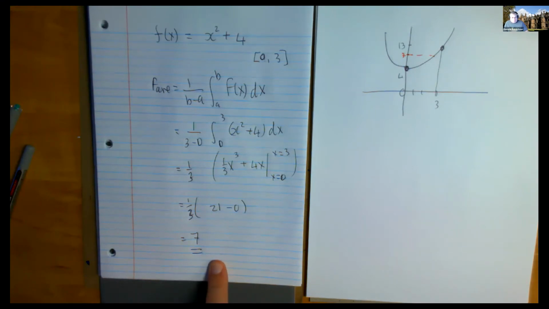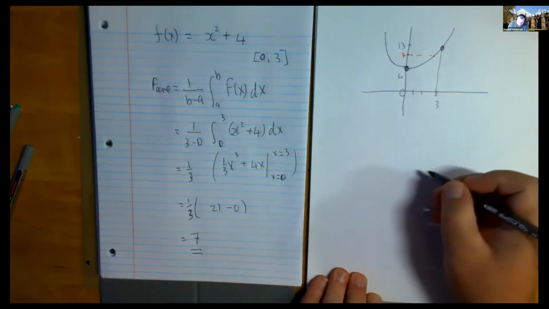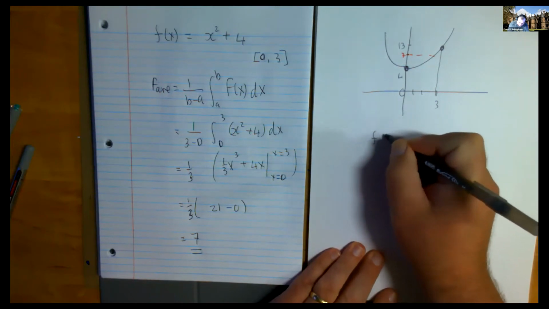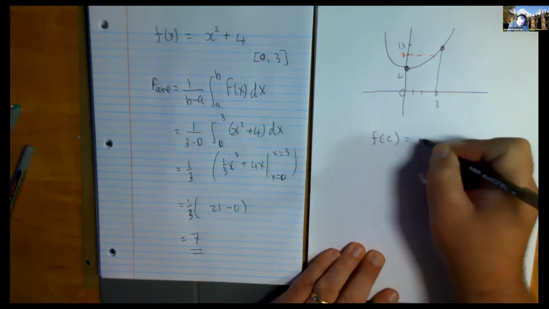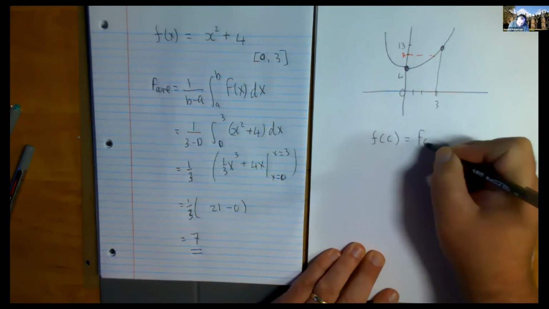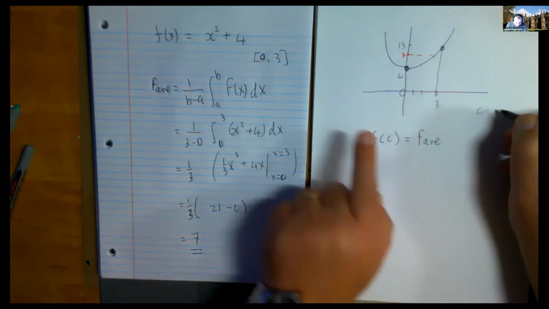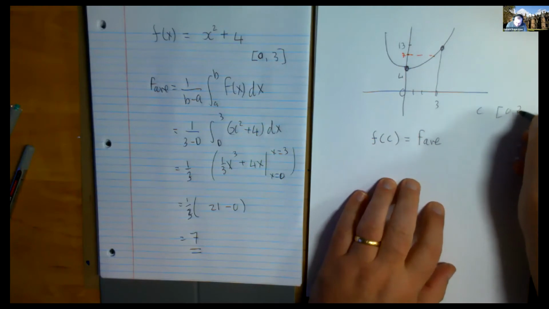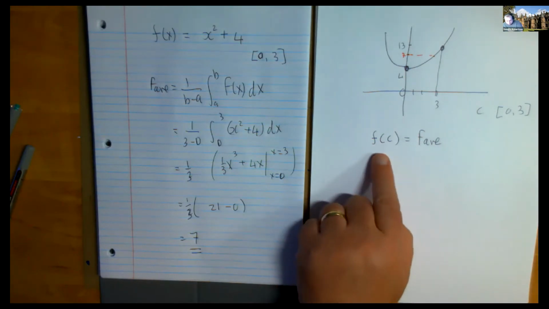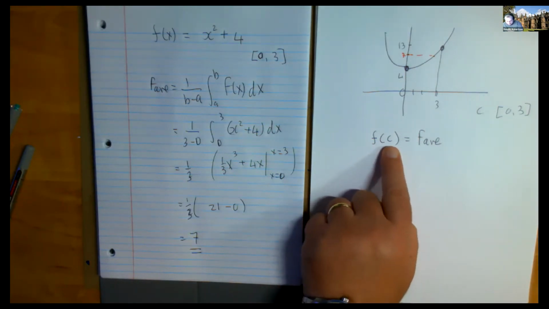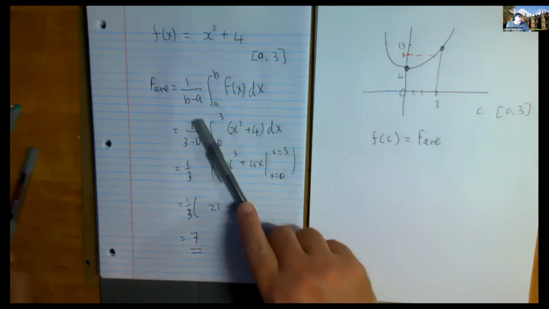You're going to get some questions towards the end that then ask you to do one more thing. What they ask you to do is to find a number called C, because there's a theorem that says there's at least one number C in the range 0 to 3 that has the property that the value of the function at C is the same number as the average.